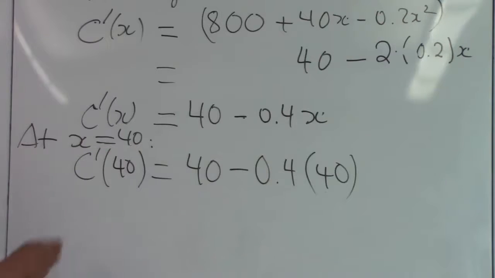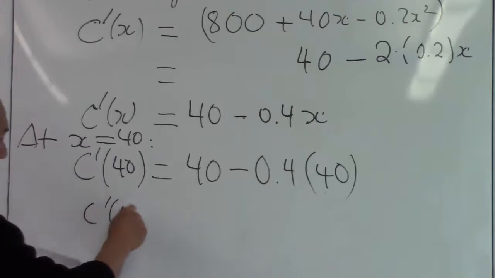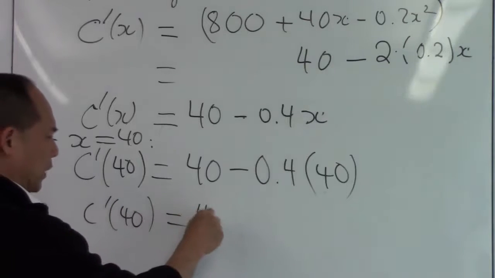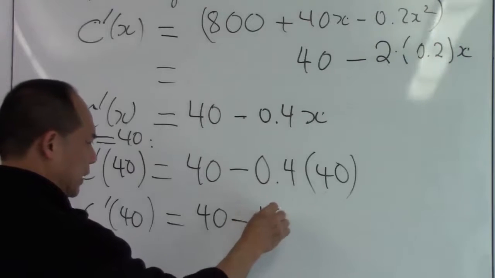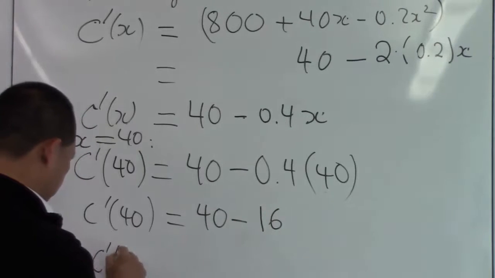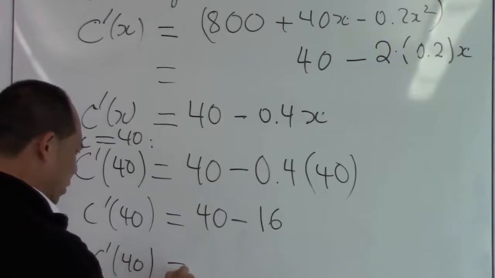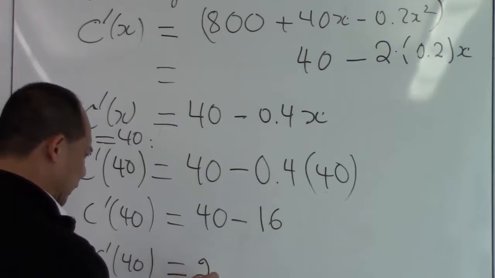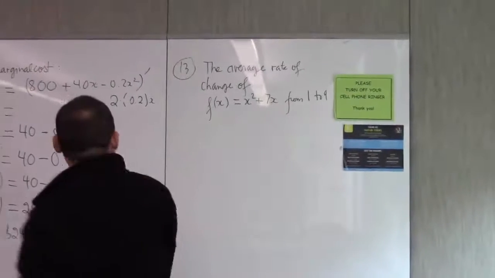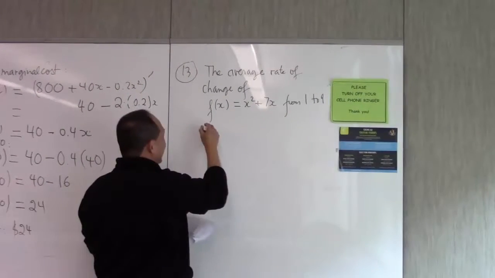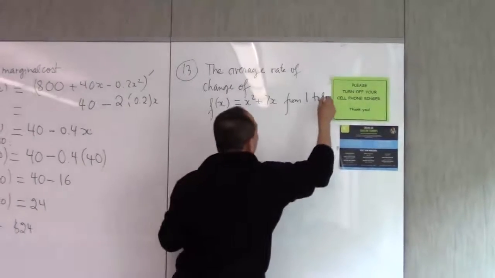So you have C prime 40 equals what? 40 minus 16 dollars. So C prime 40 equals 24.